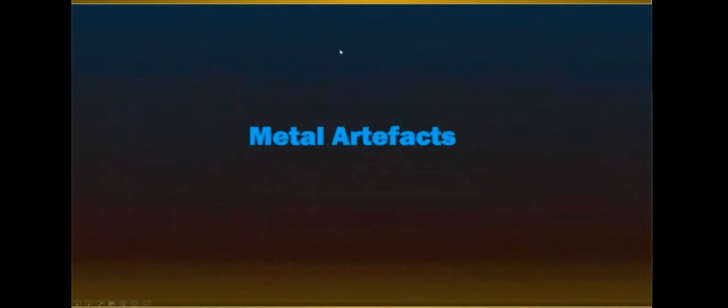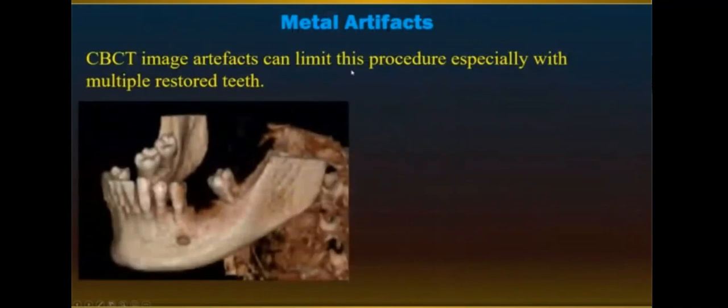Okay, the second consideration that we should take care of is metal artifacts. When you make a CBCT for a patient with no metals in the mouth, everything is going to be easy and clear like this.